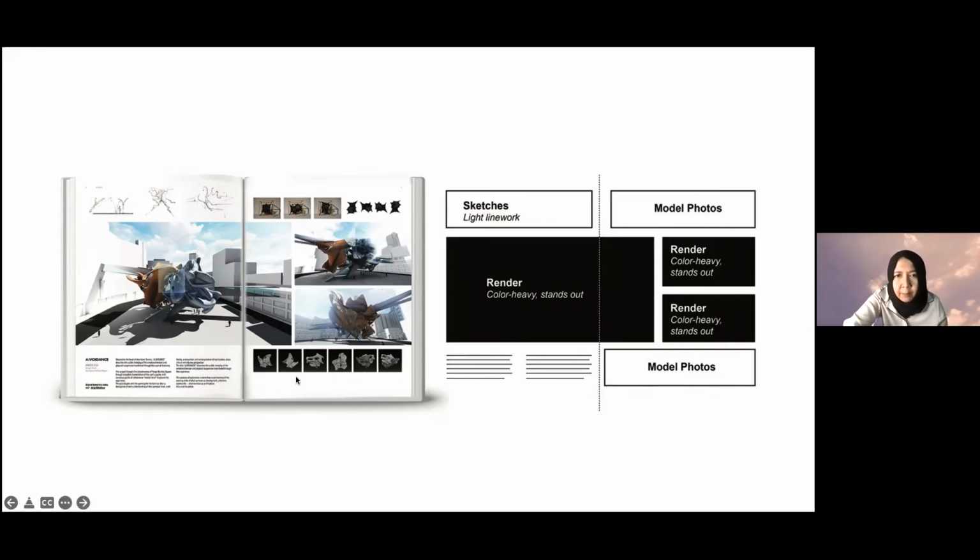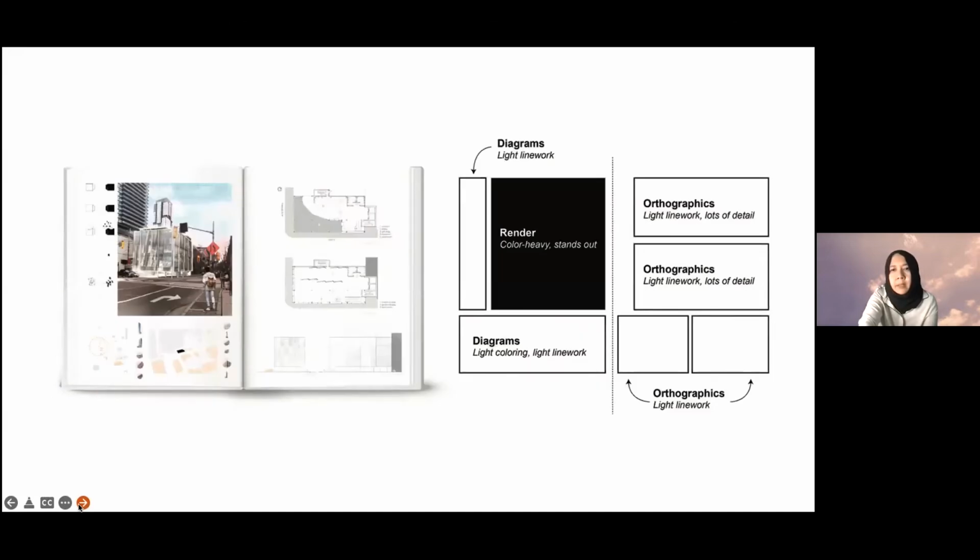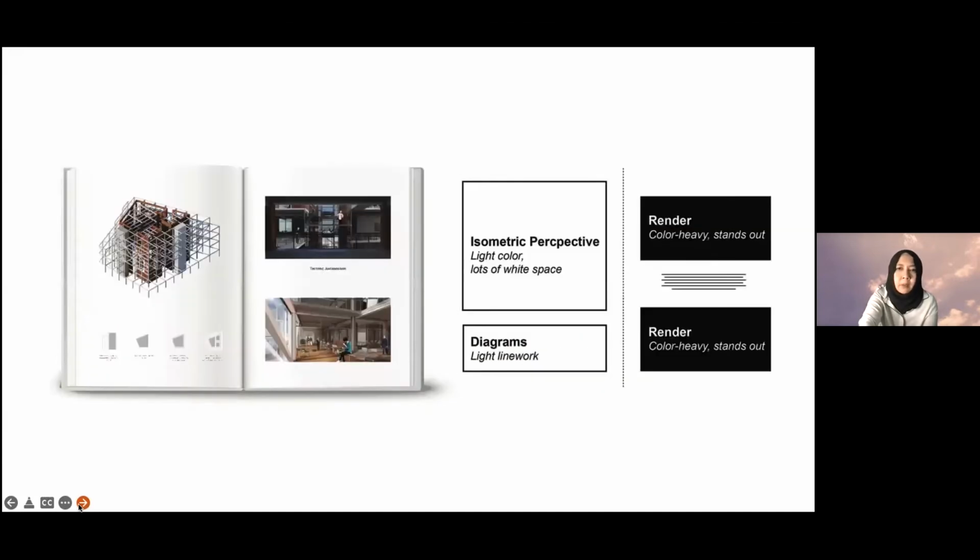And then you see the model photos are also black and white or monochrome, so that they won't distract attention from the focus, the render. And then this one, sketches, heavy line work. And then this one is plan, light coloring, light line work, and so on. The isometric.